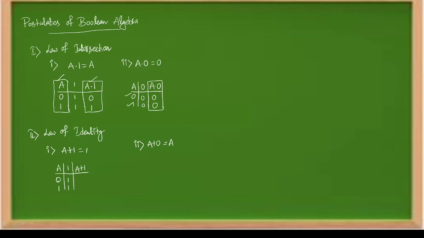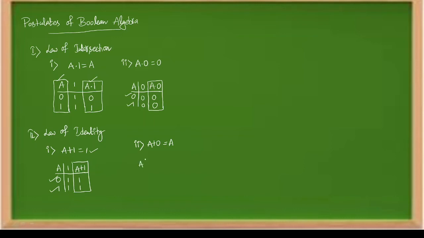Now, according to the logical OR operation, 0 plus 1, or 0 or 1, gives a high output, and 1 or 1, that is 1 plus 1, again gives a high output. By seeing the entries of the third column, you can say that whatever the value of A, either 0 or 1, it always gives us a high output. Let me come to the second postulate.